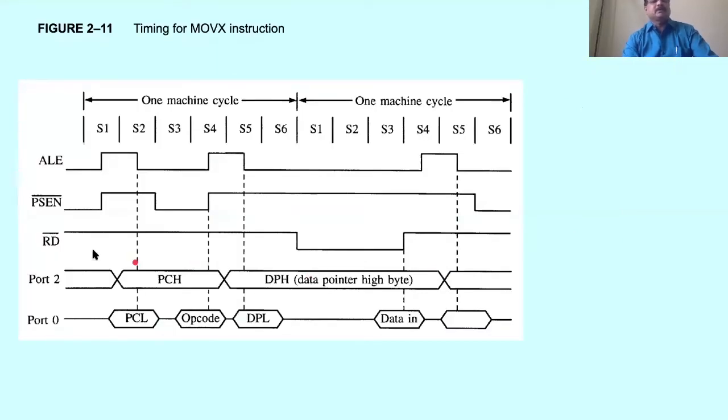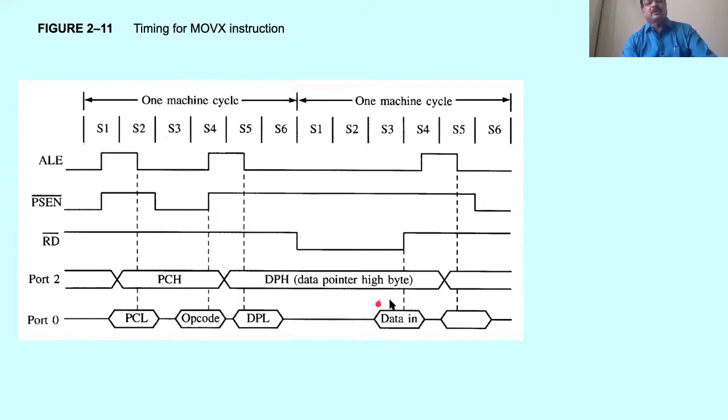Now here, to access the external RAM, the RD signal, the read signal, is used as the read strobe. And again you can see the opcode fetch cycle. Here you can see the ALE is activated twice in a machine cycle, and the opcode is fetched in the first machine cycle, and here the data is read from the location pointed by DPTR.